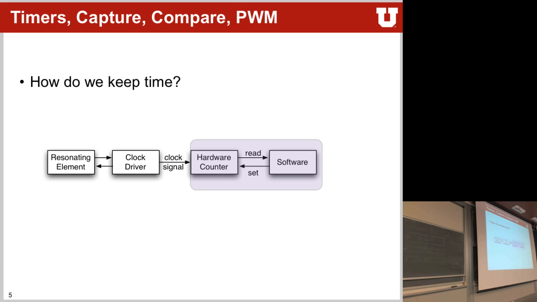So, for example, in the MSP430, the period will be the register CCR0, and the width will be CCR1, right? So assuming we have a 32 kilohertz clock, so the clock is 32.768 kilohertz.